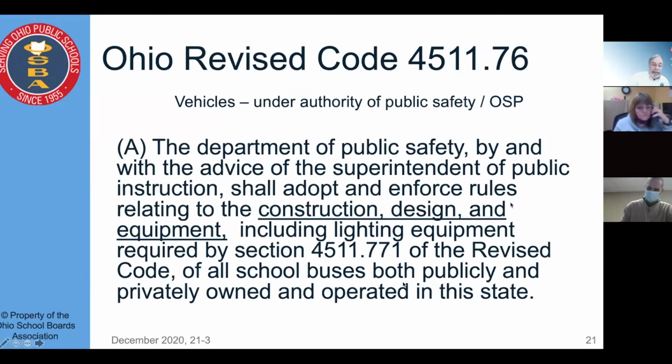Please note, publicly and privately owned. Again, this is all encompassing. So one sentence that summarizes this paragraph: State Patrol has the authority over construction, design, and equipment of our school buses.